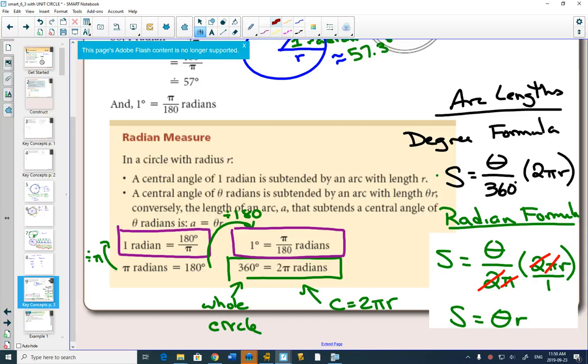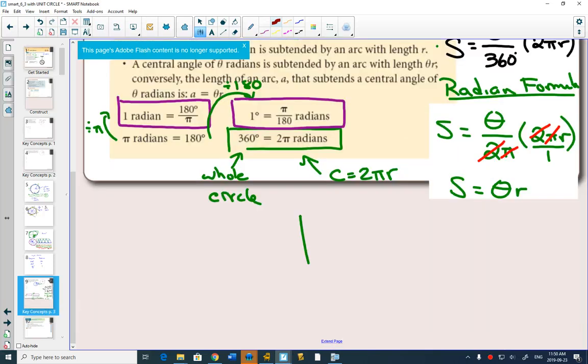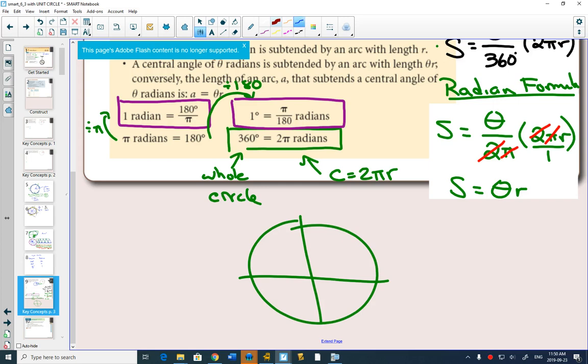And I think this should make sense. Here's a circle. Let's say they tell you the angle is 2 radians. What does that mean on the outside for my arc length? I would have 1 radius here, 1 radius here. I would have 2 radiuses around the outside for my arc length. If my angle was 1.5, I would have 1.5 radiuses around the outside.